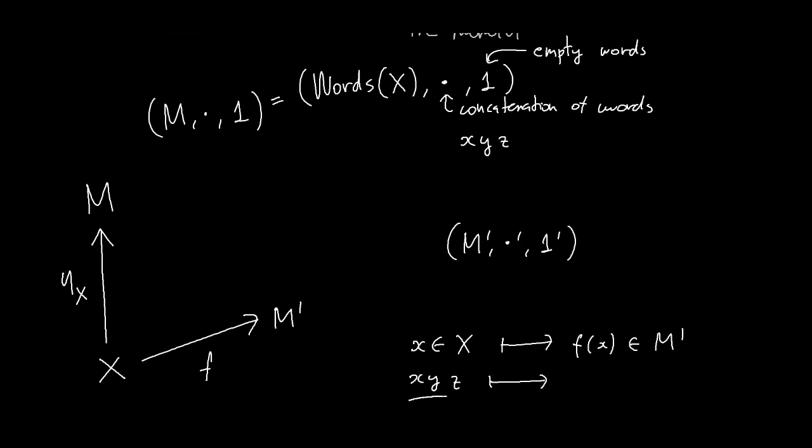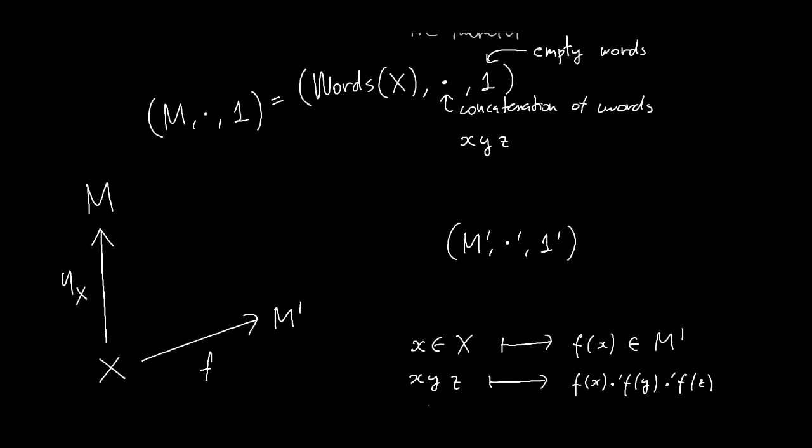I can now read x, y, z as f x, f y, f z, where we use the multiplication of M prime, which is dot prime, for putting these three things together.